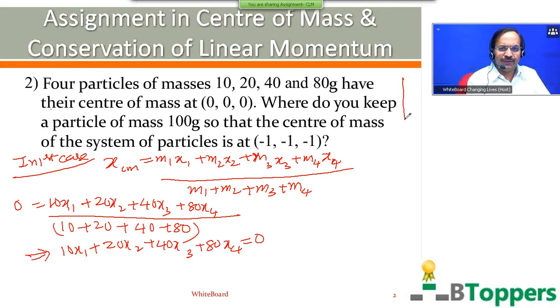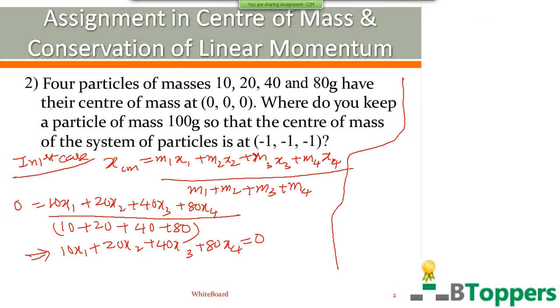In the second case, for a system of 5 particles, the fifth particle has mass 100 gram. Let us suppose x5 is the x coordinate of the fifth particle. So for a system of 5 particles here, let xcm dash denote the x coordinate of center of mass in the second case.